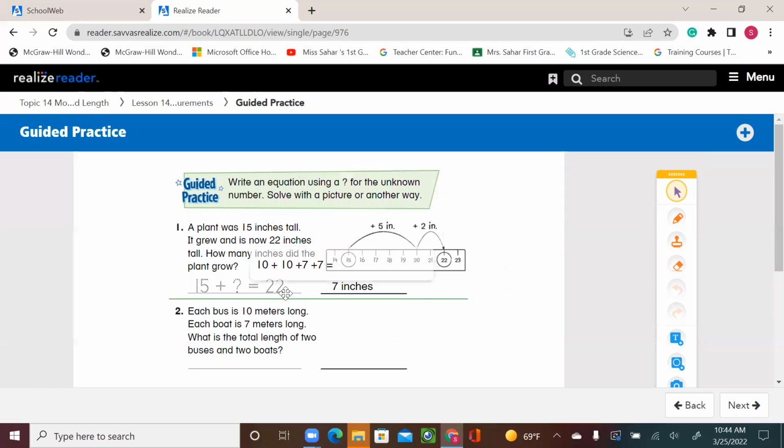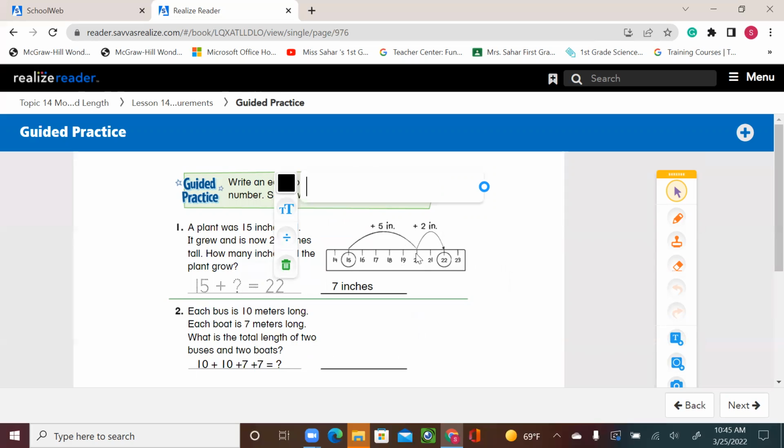So this is an easy equation. I have 2 doubles. I know that double 10 is 20, and double 7 is 14. So 20 plus 14 equals 34. So let's put here 34.